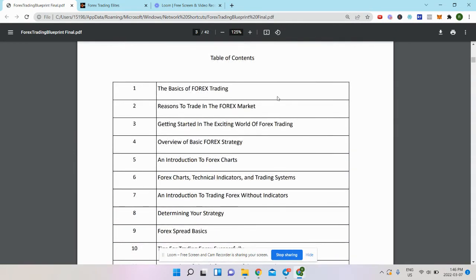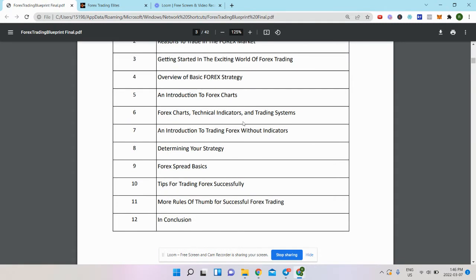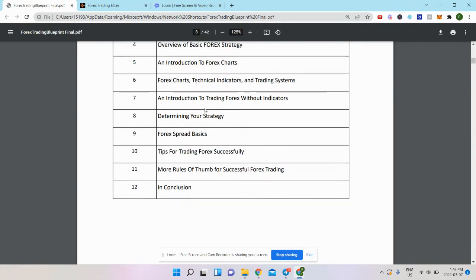Basically, we're going to talk about the basics of Forex trading, reasons this market is good, how to get started in it, some basic overview knowledge, some charting information, some technical analysis, indicators, systems that are used, and then trading without indicators.